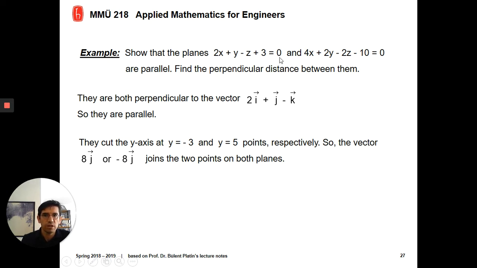It doesn't matter. If you put these on Cartesian coordinate systems, you would be able to see what I'm trying to say here. And if this is the vector, let's say +8j, if you dot it with the unit normal vector, you will be able to get the distance between the two planes.